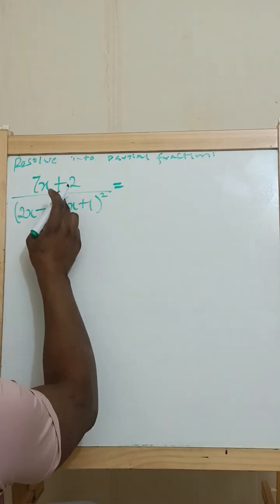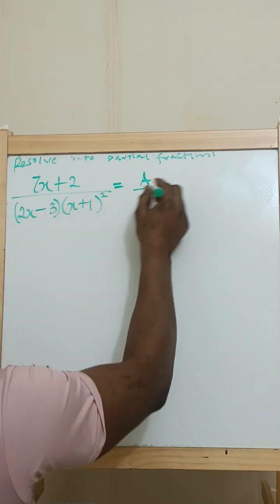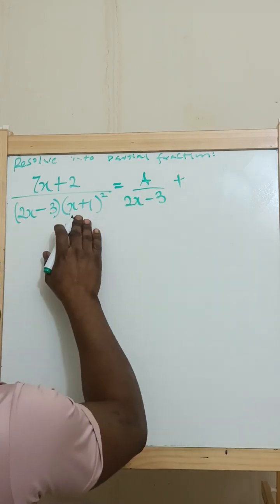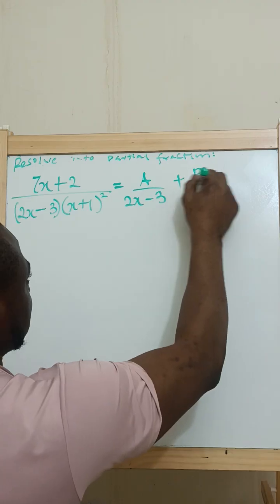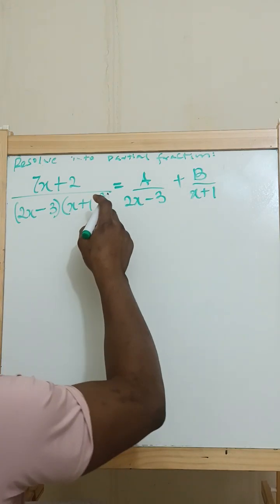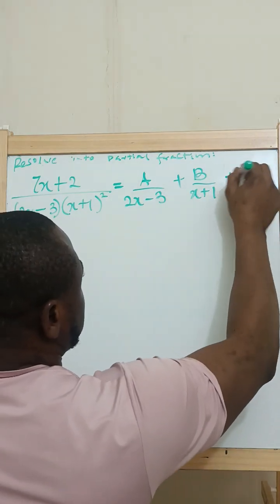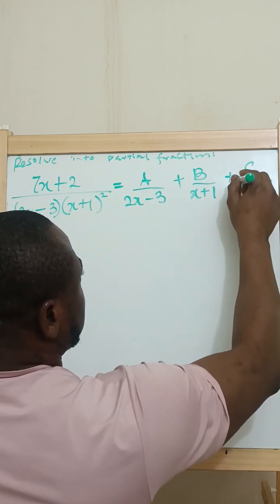For this one, raised to power 1, it's going to be A over 2x minus 3, a linear factor. This is also a linear factor, so it will have a constant B at the numerator over x plus 1. Now because the root is repeated, we'll have to introduce another constant, C over x plus 1 squared.